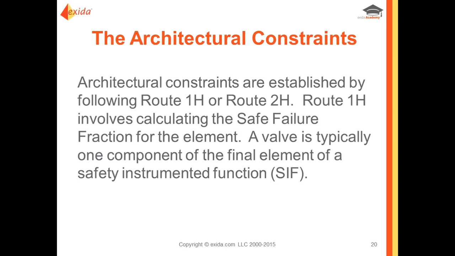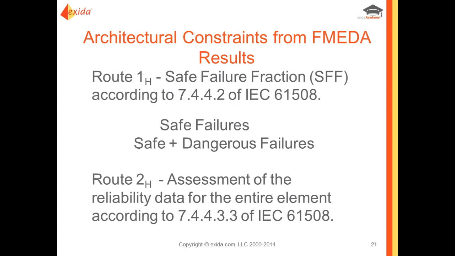Next, we're going to look at the architectural constraints. And architectural constraints are established by following Route 1H or Route 2H, which is explained throughout 61508. Route 1H involves calculating the safe failure fraction for an element.